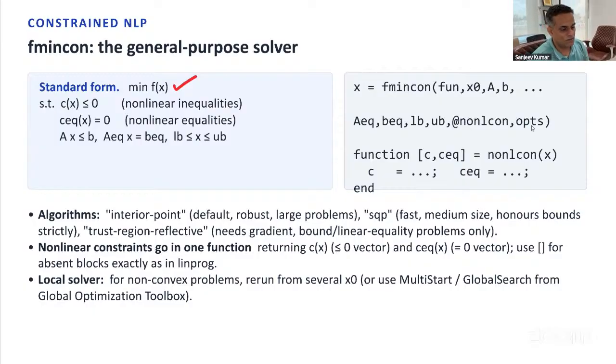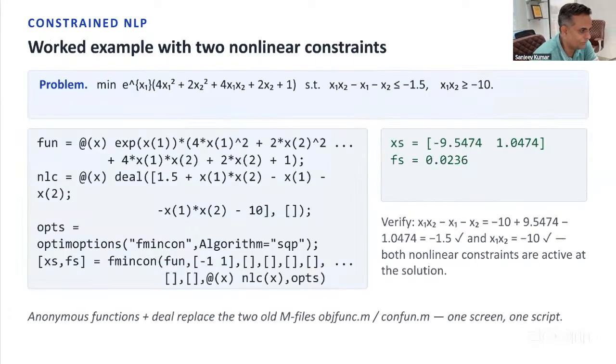And once you do it, you will get the answer. Okay. So like linprog for linear programming, quadprog for quadratic programming, fminunc for unconstrained NLP minimization, fmincon for constrained minimization. And this is an example.